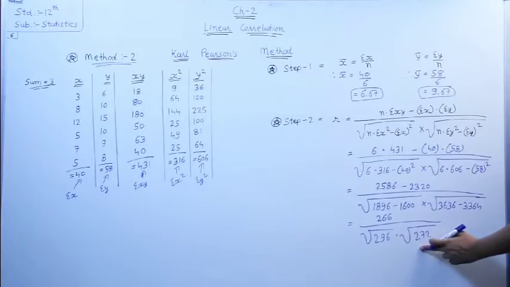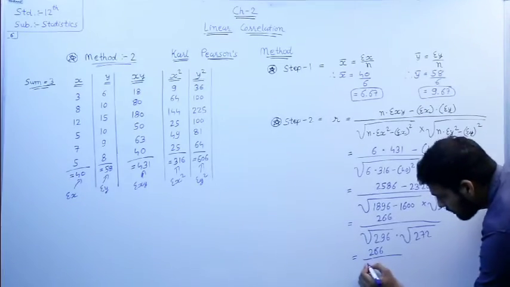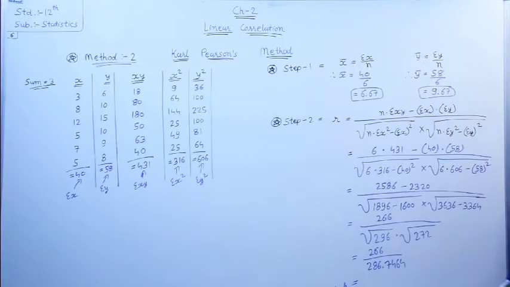Okay, if you divide and subtract these two, your answer will be 272. So after removing this root and the multiplication of both digits, we get the answer 286.7464.